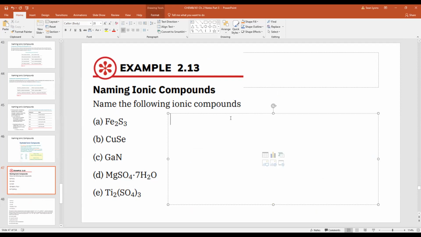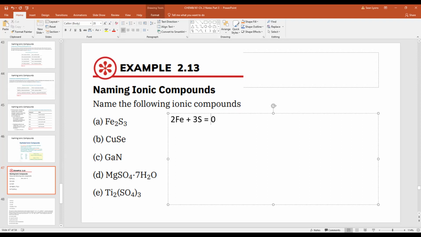Looking at these, we've got iron, but iron's a transition metal, so it's in the middle of the periodic table. So we don't know for certain what that charge is going to be. And we've got 2 of them. So what we can do is set up an algebraic equation to determine what these charges are going to be.